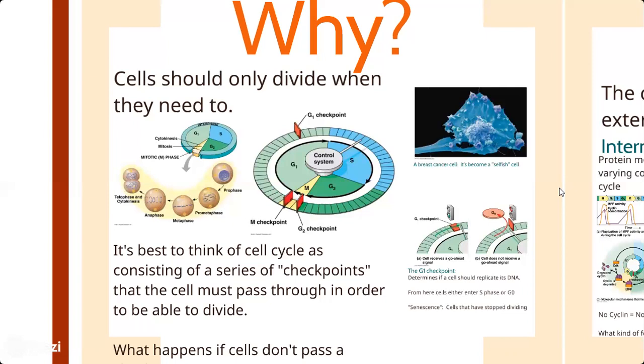So in that situation, the cell needs to divide so it can reduce its volume, but increase its surface area to volume ratio.